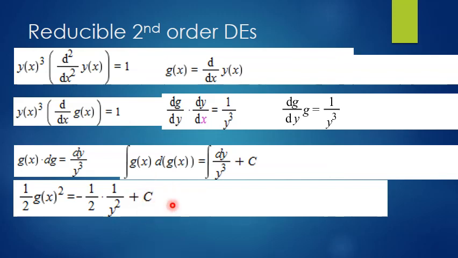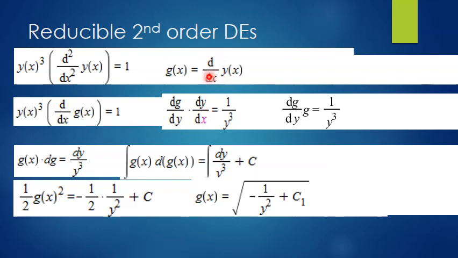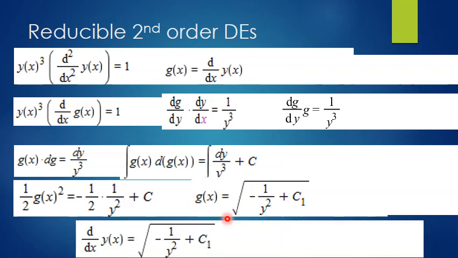Okay, so the thing is, I have to figure out what g is because I know what g is up here. So let's do some algebra. And you do some algebra here, and we find that g is this. So I'm going to put back what g is.